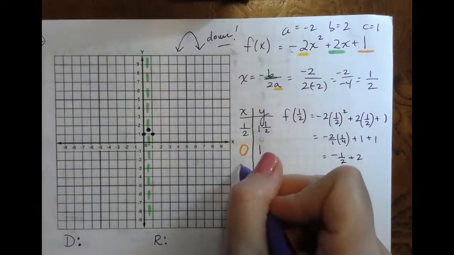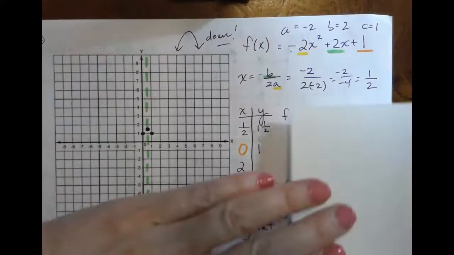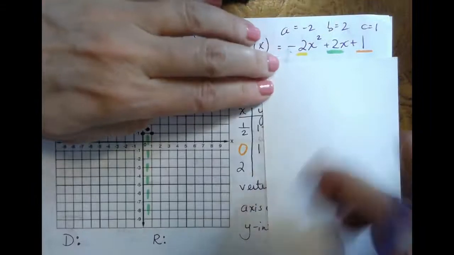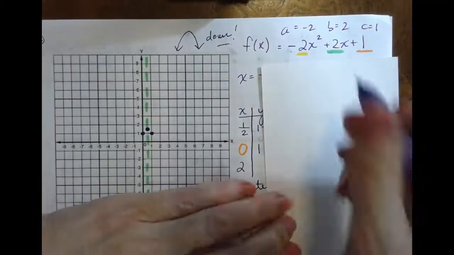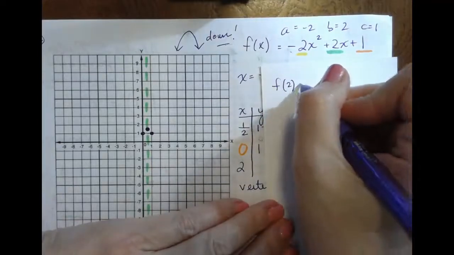Let's next put in 2, which will be an easy number to put in because it's even. And let's do it. I will use a little note card to help myself out here. So we are going to let x be equal to 2. So what is f of 2? Here goes.